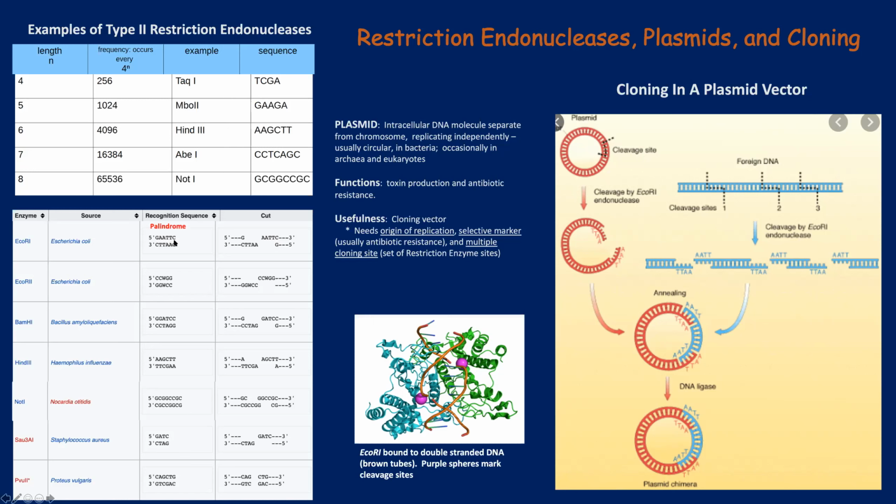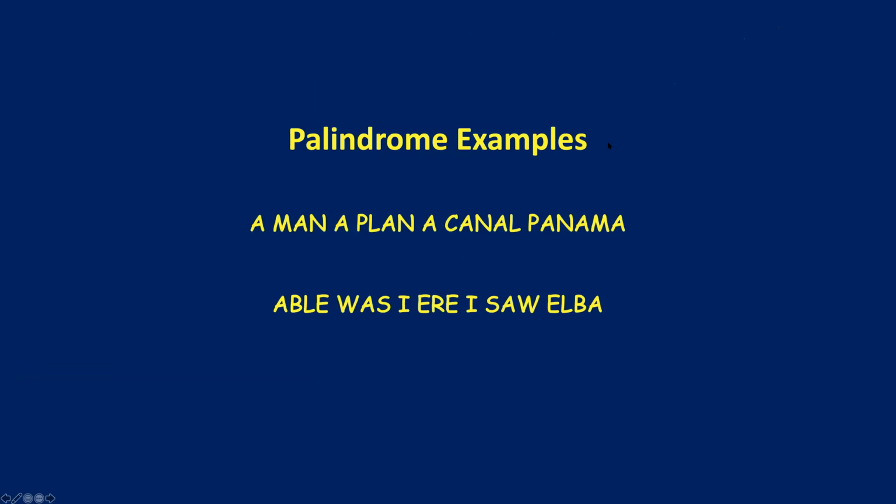That's a little bit difficult to comprehend at first, so let me give you a couple examples of palindromes. A man, a plan, a canal, Panama. I'll read that backward, starting from the right and going left. It's the same thing.